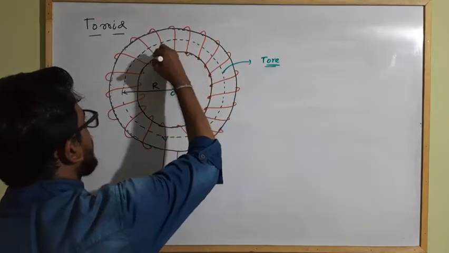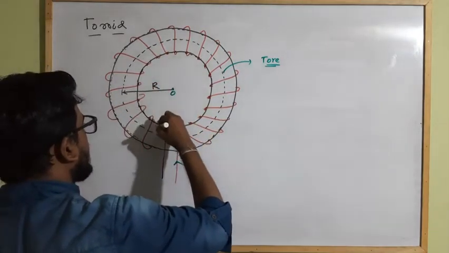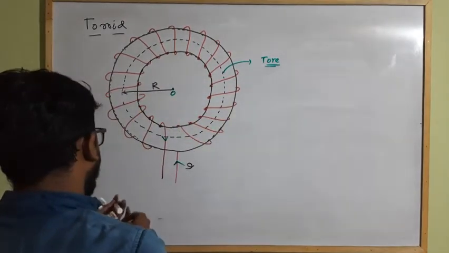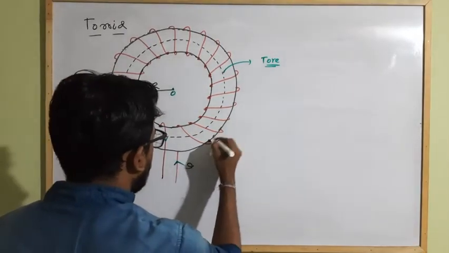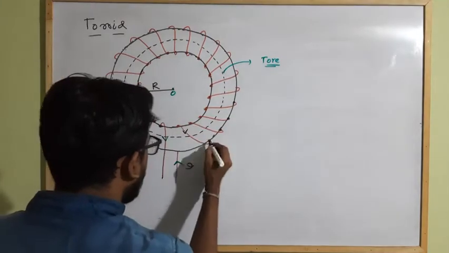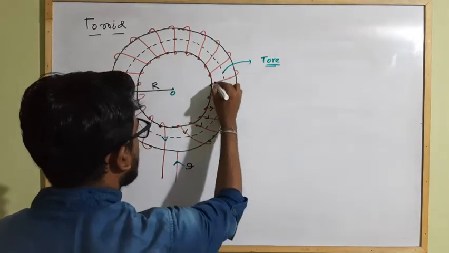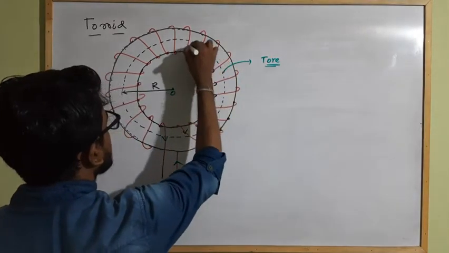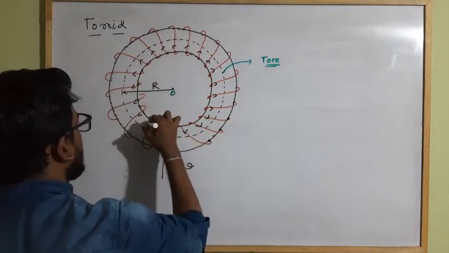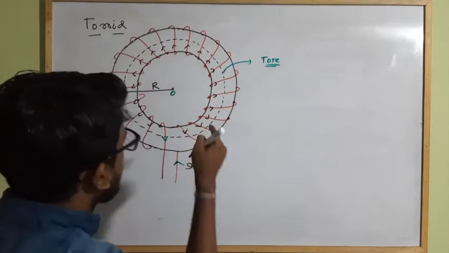At all these positions, the current comes outward. Clear? And at all these positions on the outer circumference, the current goes inward like this. So the current on the inner circumference comes outward, and from each point on the outer circumference, the current goes in.